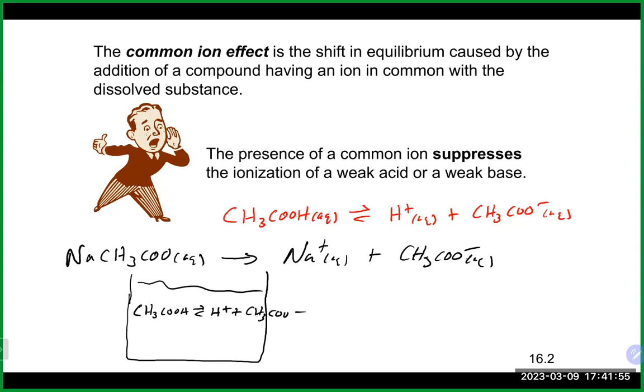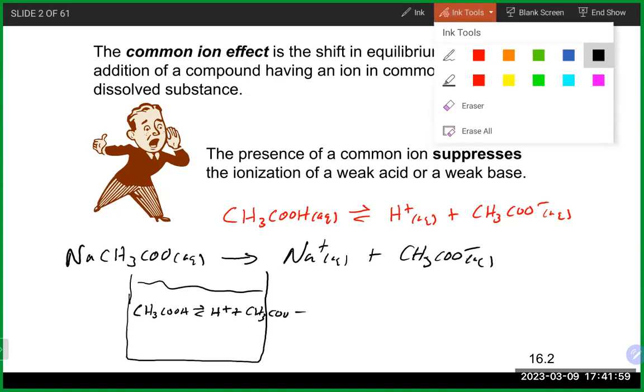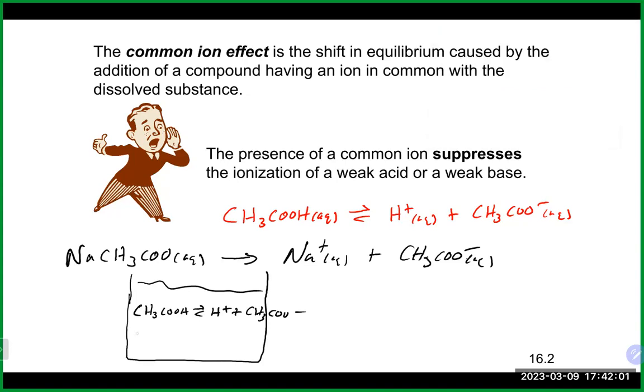But when we do have the sodium acetate added to it, it is not going to stay together. It will break apart, and that will introduce into our sort of equilibrium sodium ions and acetate ions that are basically floating around. Now, we could clearly see that it is the acetate ion here that is the common ion.